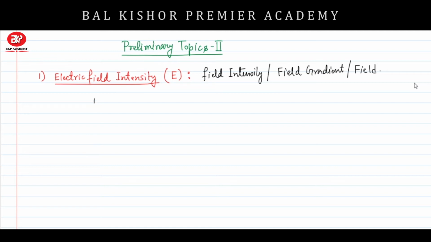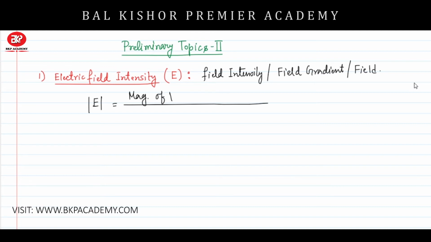Now this electric field intensity is defined by, that is, the magnitude of the capital E is equal to the ratio of the magnitude of the voltage existing to the distance or spacing.